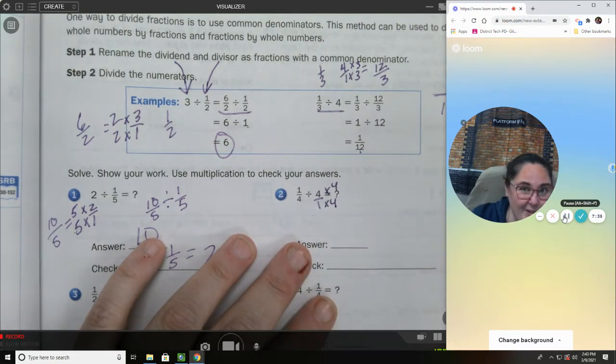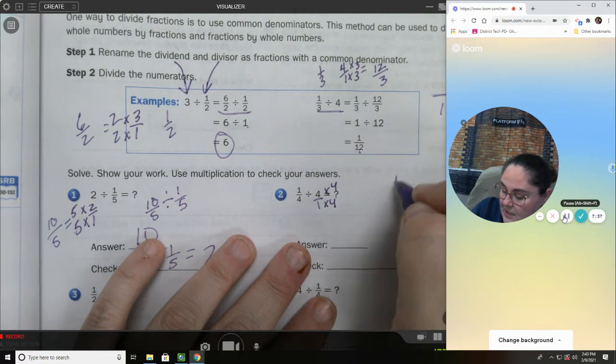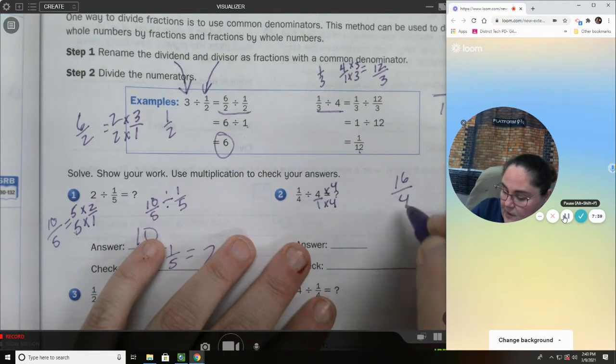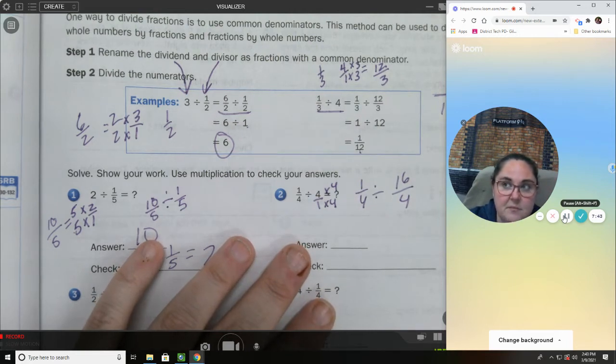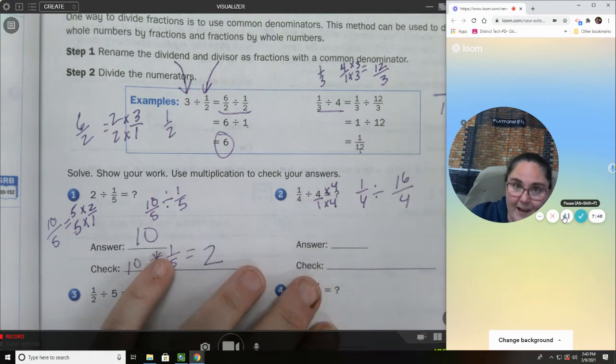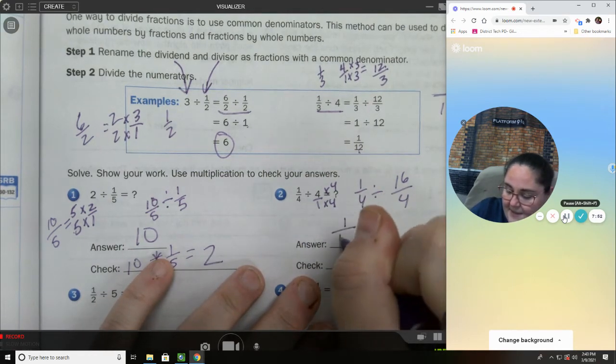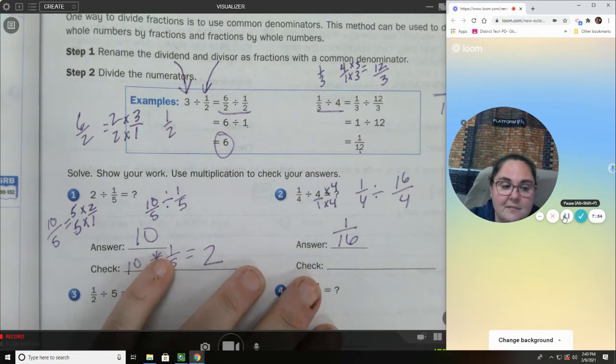Whatever I do to the bottom, I do to the top. So 16/4. So 1/4 divided by 16/4. Remember what we did up here: we made it into a fraction, right? So 1 divided by 16. That's your final answer.